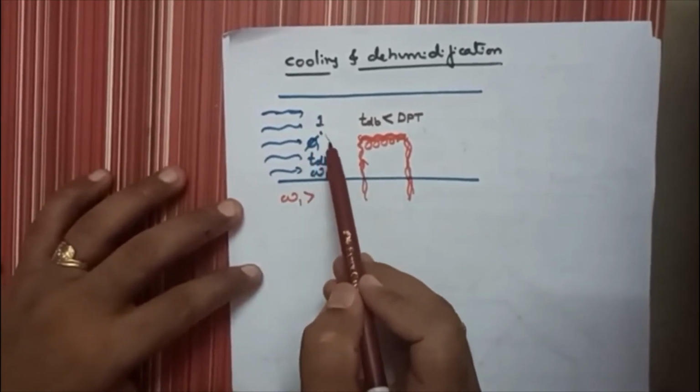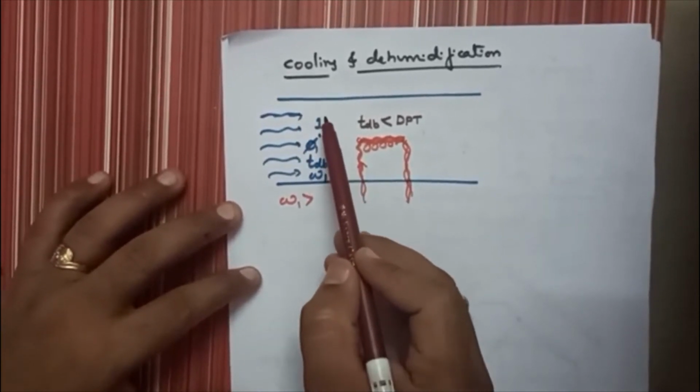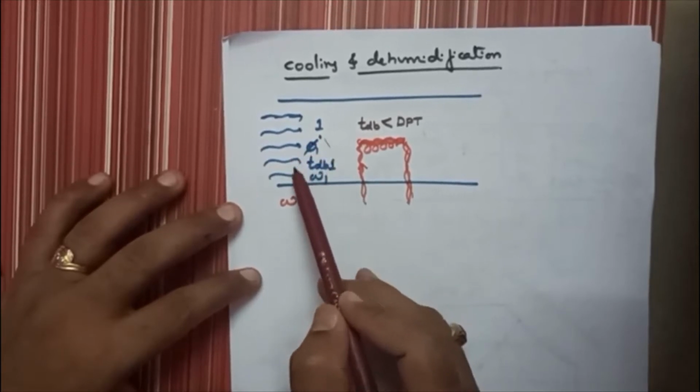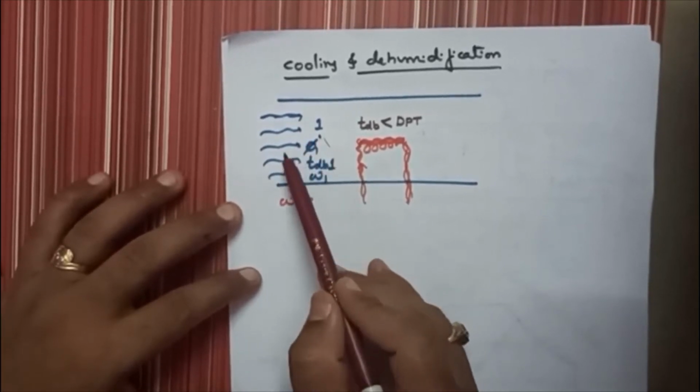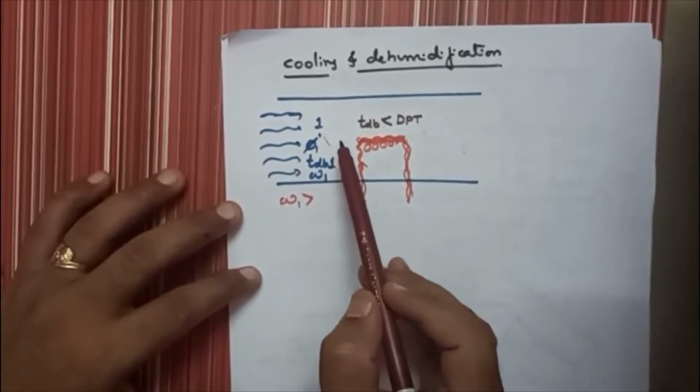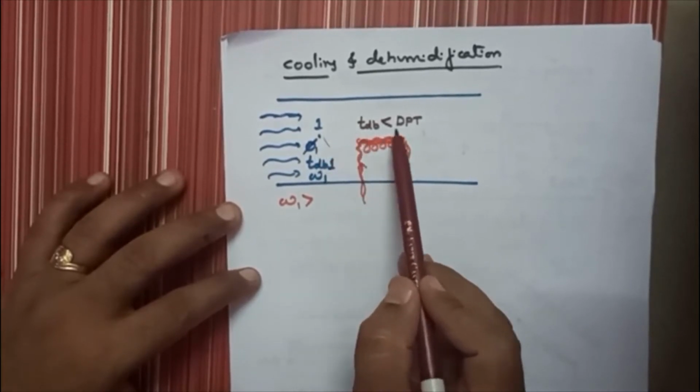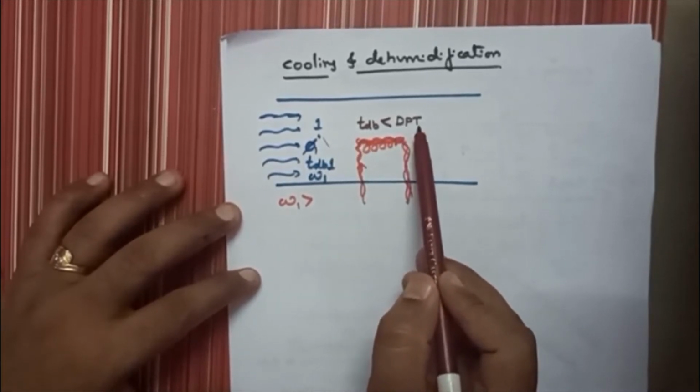So for dehumidification, to remove the water content from this air, the temperature of the air should be less than the dew point temperature.